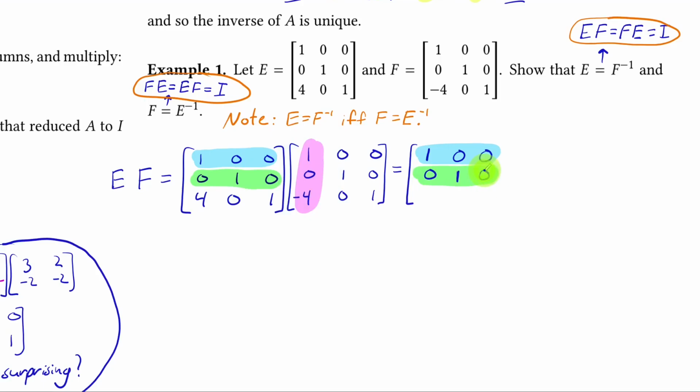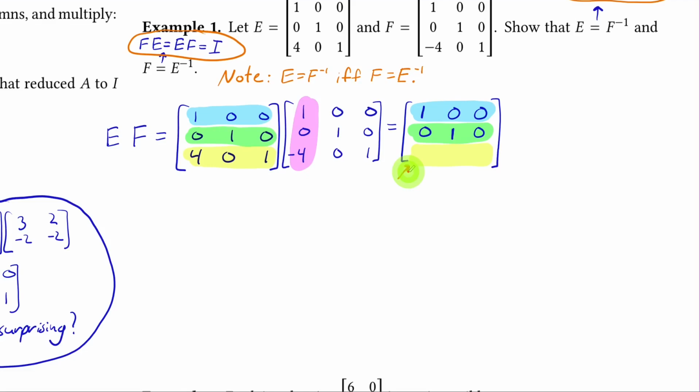Now, an interesting thing is going to happen in row 3 of this. Let's actually work it out. So in this position here, we're going to be doing the dot product of this 4, 0, 1 with this 1, 0, -4.